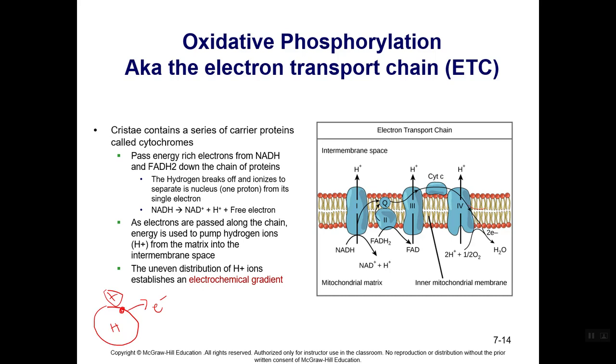That's going to cause a hydrogen ion electrochemical gradient, because you're going to have lots of hydrogens on this side of the membrane, but relatively few over here. And the cell doesn't like that. That has potential energy. The cells are trying to reach equilibrium. That's their goal. But because they're pumping all these hydrogen ions onto one side, it's causing a buildup of potential energy.